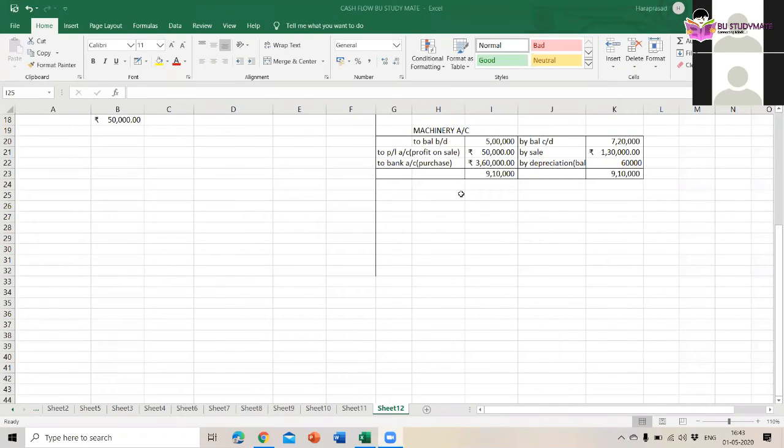Now we'll move to the adjusted PL account. In the adjusted PL account, write down all the non-cash and non-operating items.